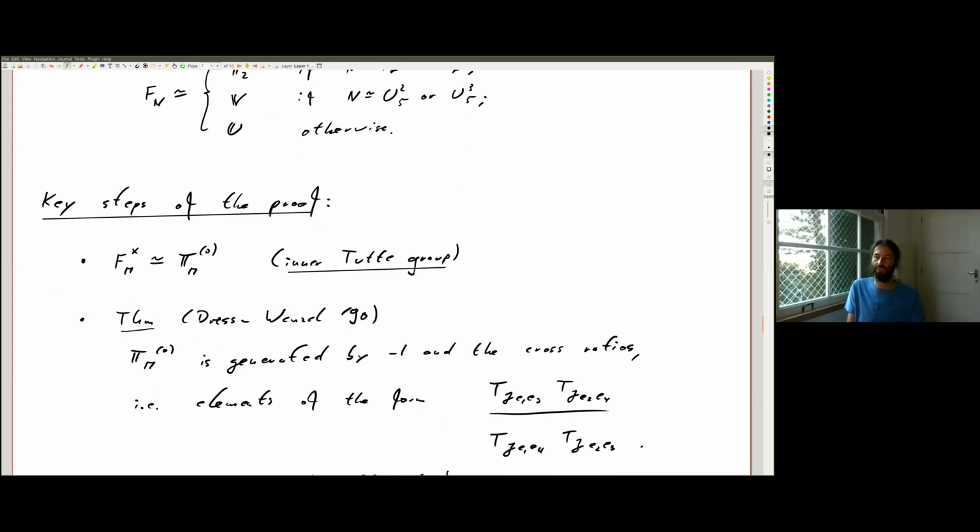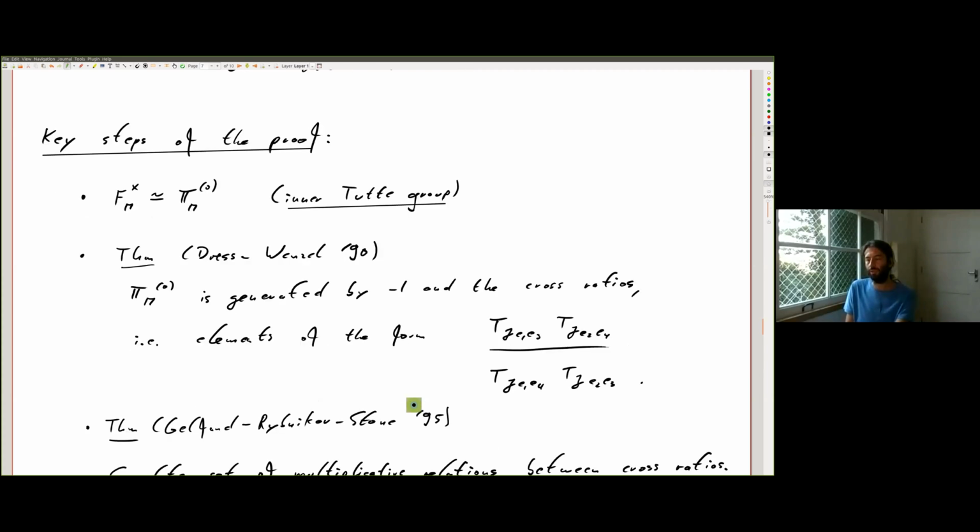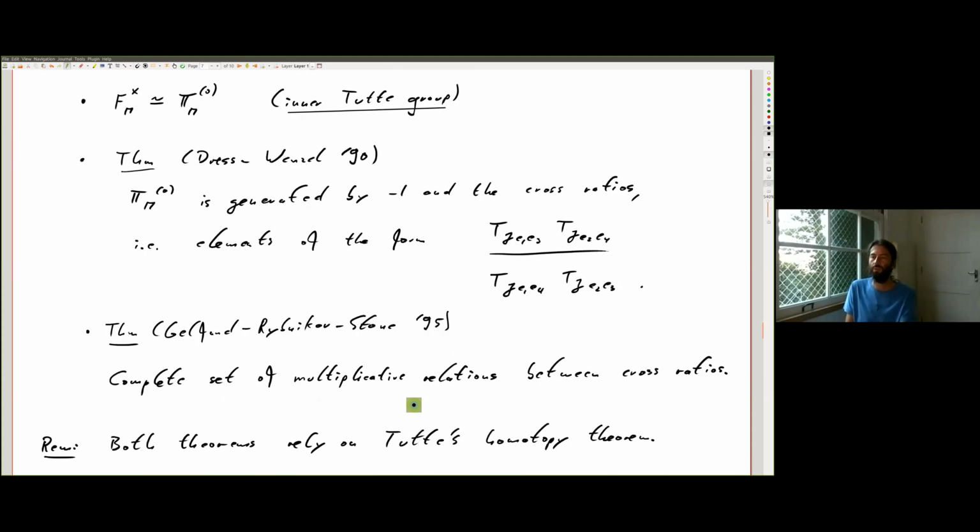You can easily do the exercise and see that this element has multi-degree 0, and it generates the inner Tutte group. The other theorem, which was published precisely 5 years later, is a theorem by Gelfand, Rybnikov, Stone, which describes a complete set of multiplicative relations between the cross ratios. So this gives a description of the inner Tutte group in terms of generators, cross ratios and -1, and relations.